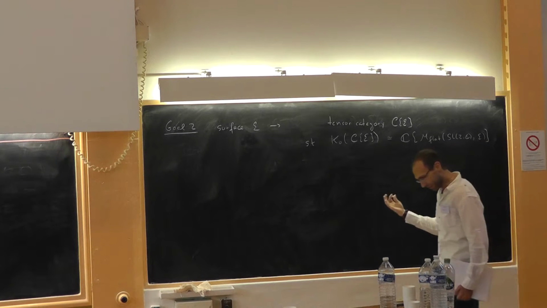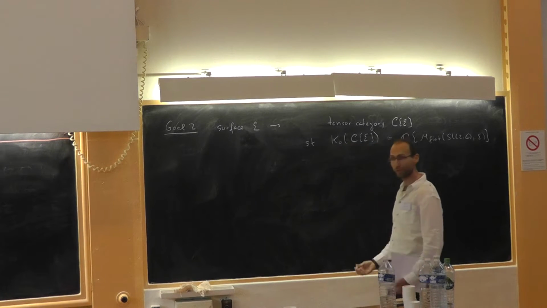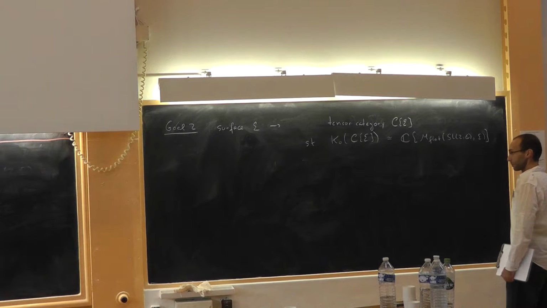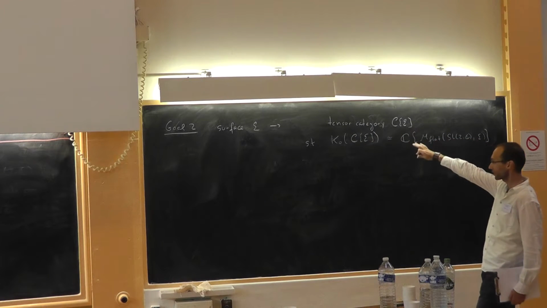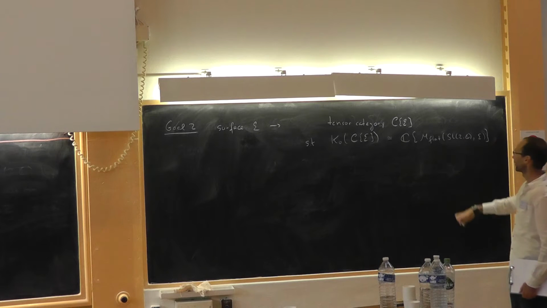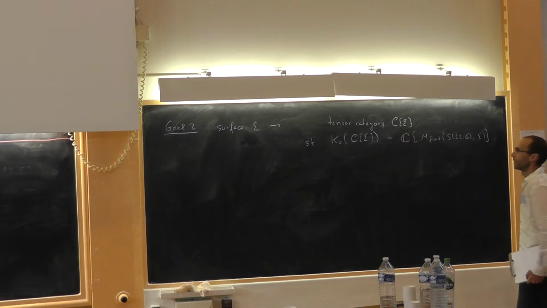Now, right, so Grothendieck group is usually a group. It's an abelian group. In the case that our category has a multiplication, it becomes a ring, and that gives the ring structure.